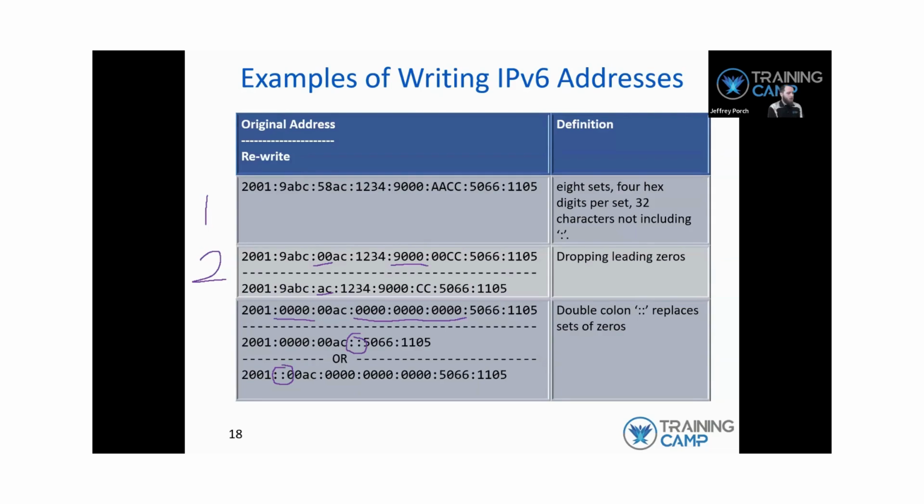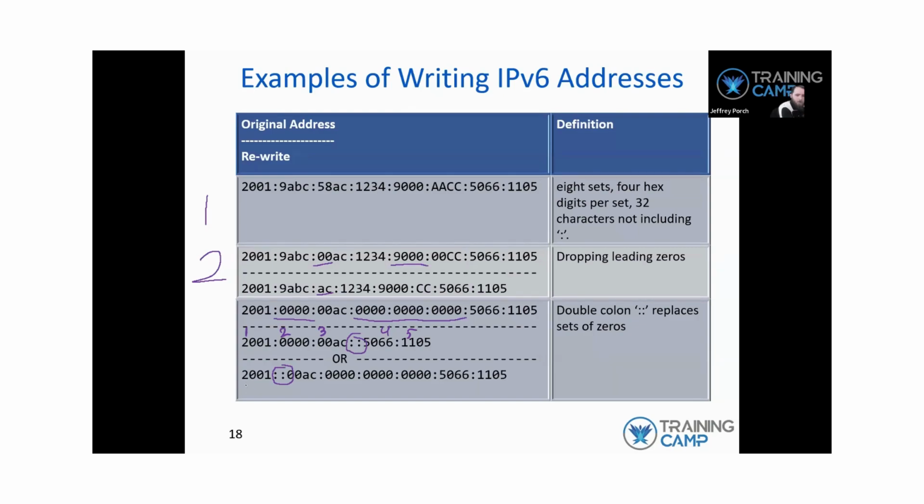Because again, when you're talking about IPv6, we said we need 8 sets. So taking this example for now, I see 5 sets of numbers, right? The 2001, the zeros, the 00AC. And that means that I must be missing 3 sets of zeros.